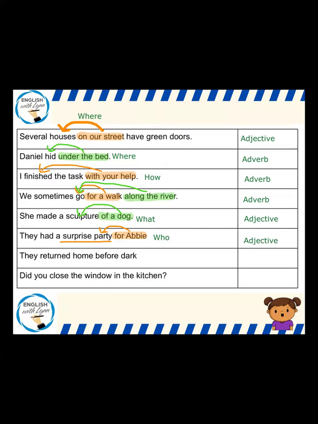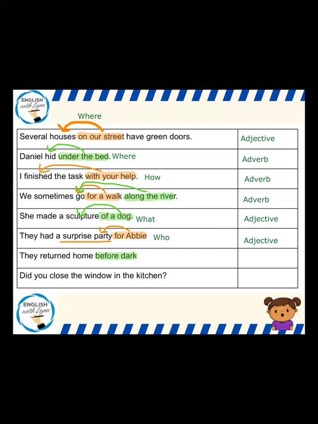And then the next one, I need to look and I need to think carefully. I can see the bit that I need to highlight. I need to look at it because they returned home before dark. Okay. And before dark, that is telling me when they returned.